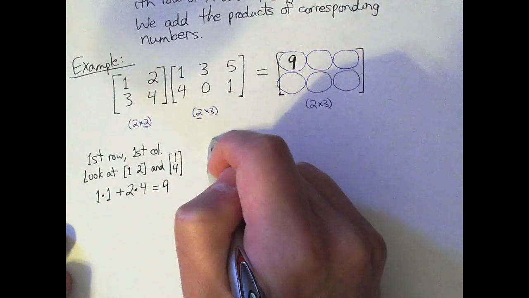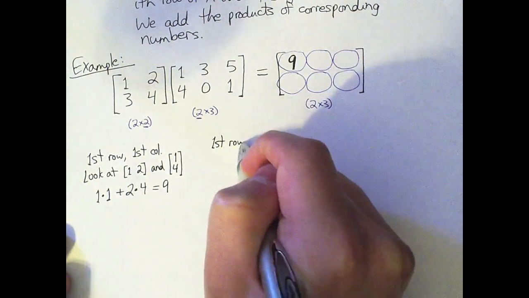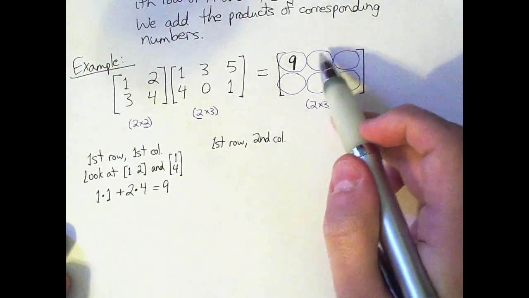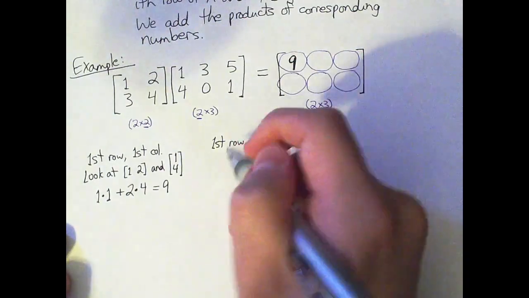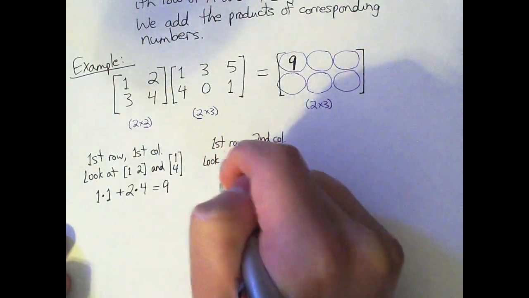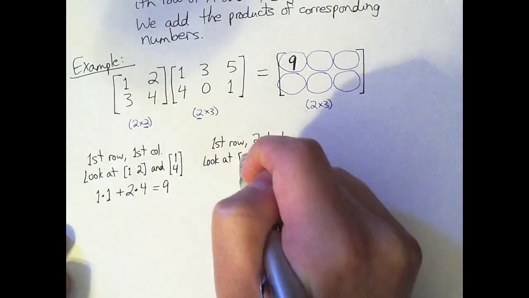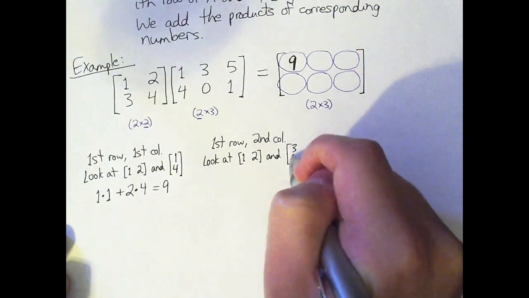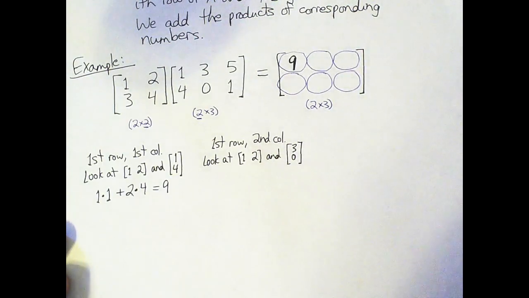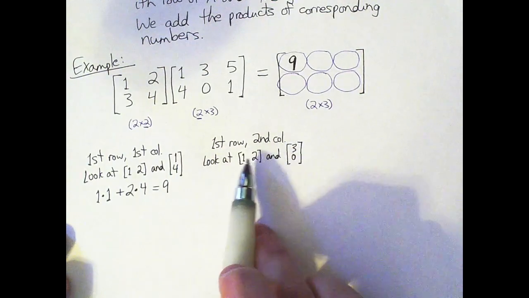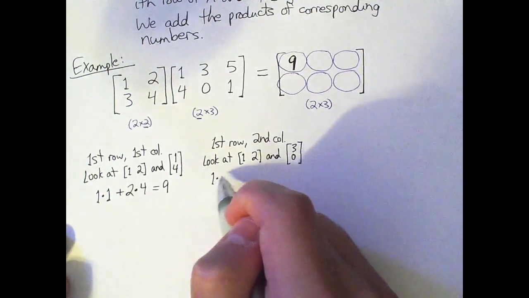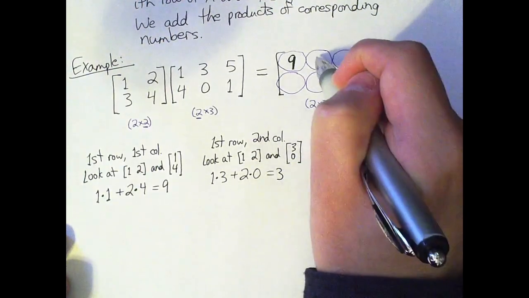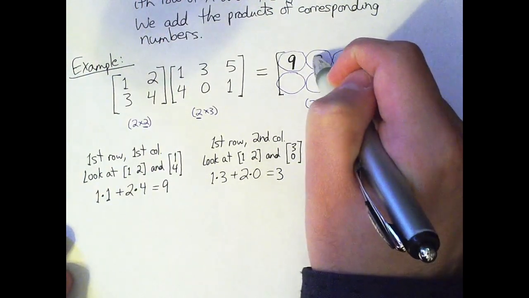In that case, we'd be looking at the first row and the second column of C. You would use the first row of A and the second column of B. And you do the same kind of thing. First entry times first entry, 1 times 3 plus 2 times 0. And you see what you get? It's a 3, and I'm going to put a 3 here.